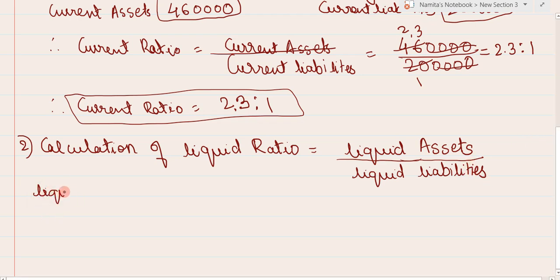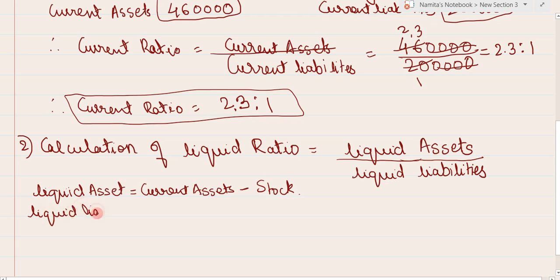So first we need to find liquid assets. Liquid asset means what? Current assets minus stock, and liquid liabilities is equal to current liabilities minus bank overdraft.